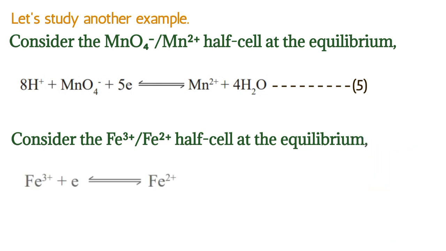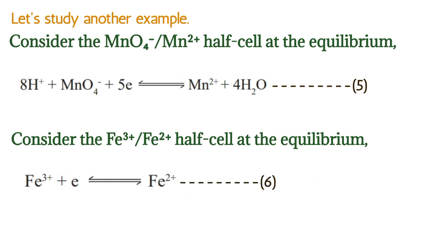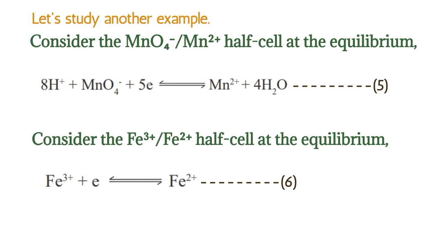Ferrous ions convert to ferric ions. The ferrous solution is kept in the flask, and the permanganate solution is kept in the burette.